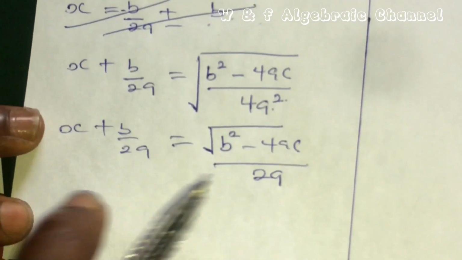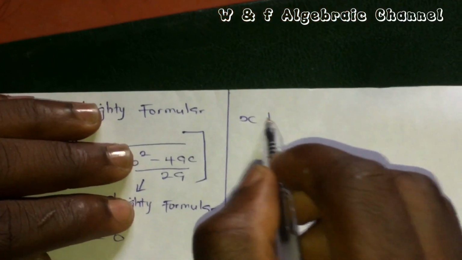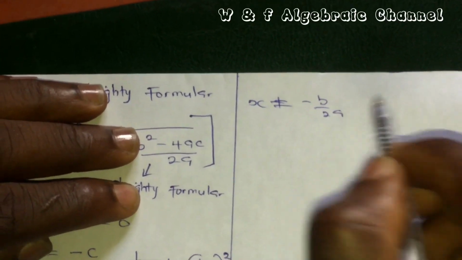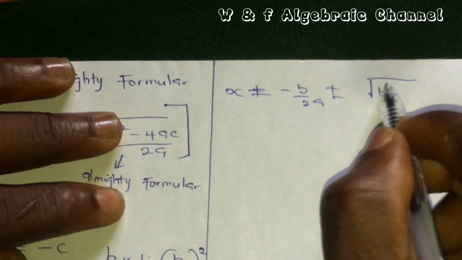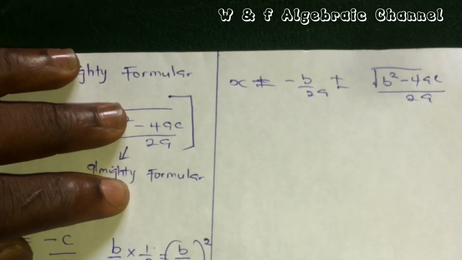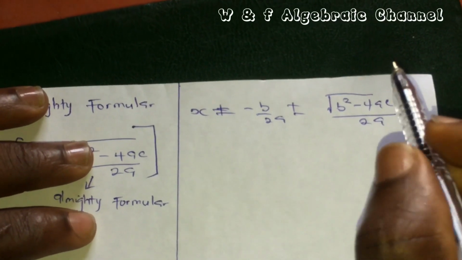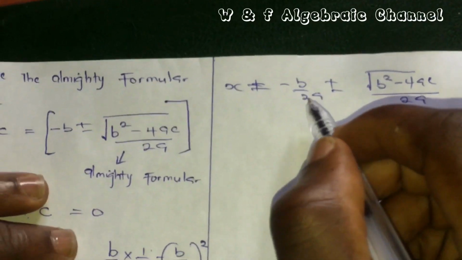Now we are going to take this b all over 2a to the other side. We have x equals minus b all over 2a plus or minus root b squared minus 4ac all over 2a. Now we are going to pick our LCM, which is this 2a.